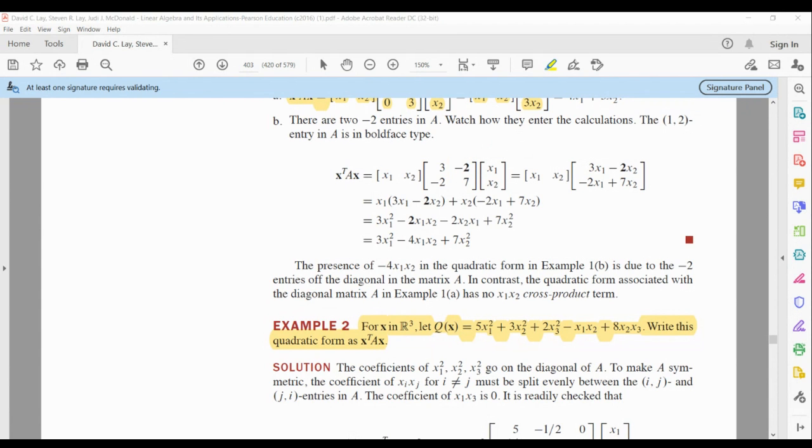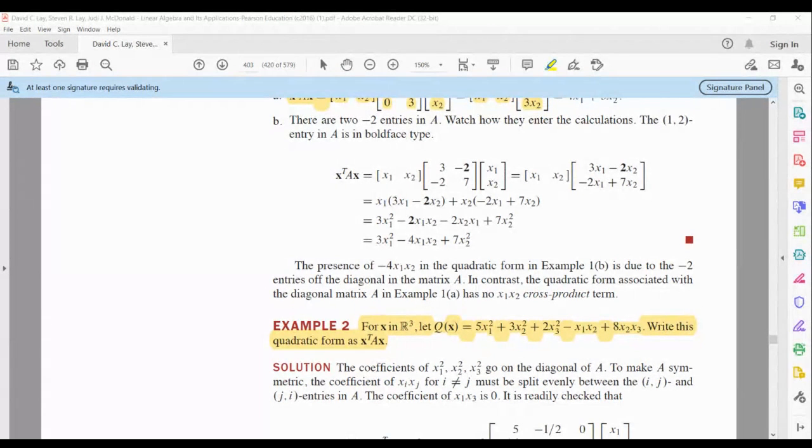What would the dimensions be? For example 2, how many rows and how many columns would matrix A have? That's right, Benjamin. It'd be a 3 by 3 matrix.